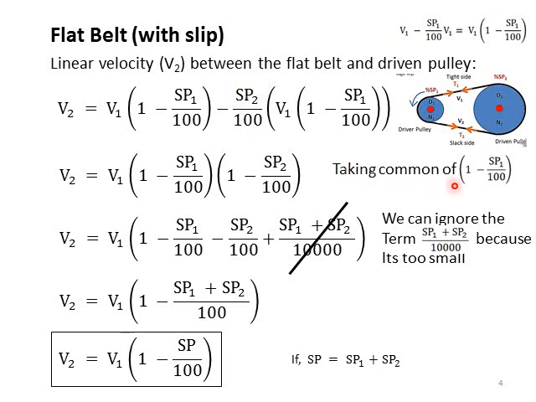Taking common 1 minus SP1 by 100, if we multiply the terms in the bracket, 1 times 1 is 1, minus SP1 by 100 into 1 is minus SP1 by 100. Similarly, 1 multiplied by minus SP2 by 100 is minus SP2 by 100, and if SP1 by 100 is multiplied by SP2 by 100, then the minus minus sign will multiply and become positive, and the term will become SP1 times SP2 divided by 10,000.